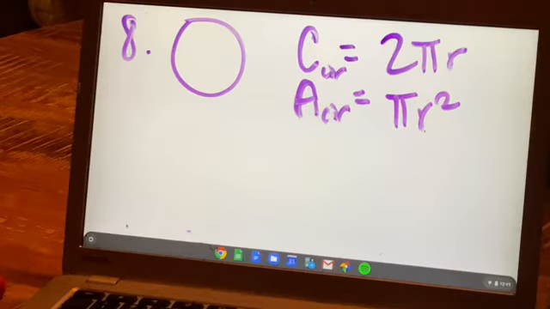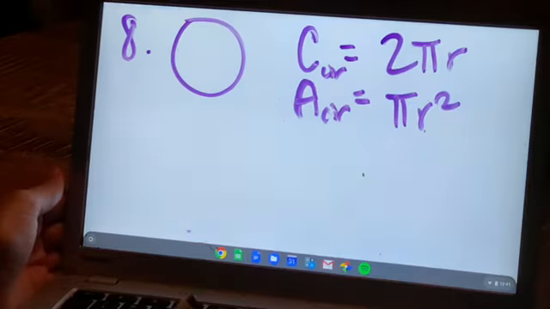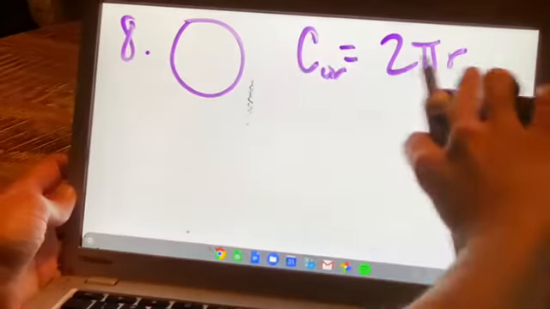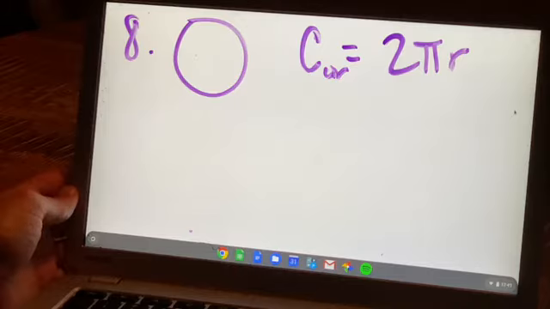I think you have these two by memory by now, but just in case, I can't remember if we put this on. So squeeze it in there somewhere, or just add it to your notes, and you're welcome to look at that when you take the quiz. So circumference of a circle is 2 pi r, and the area of a circle is pi r squared. All right? I'm going to take this part off just because right now we just want to look at circumference.